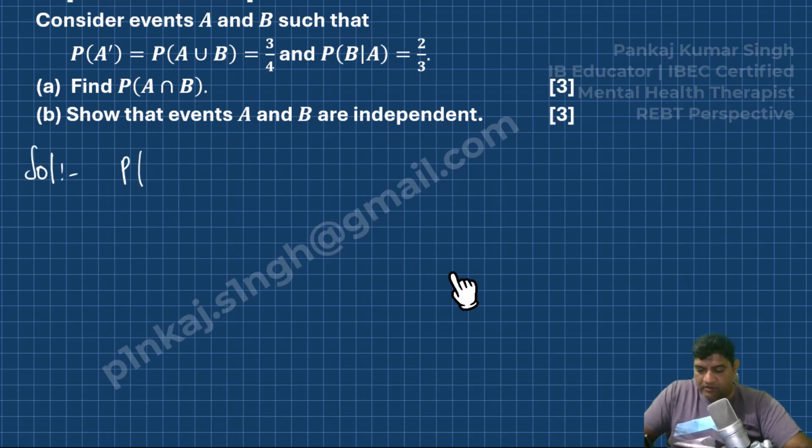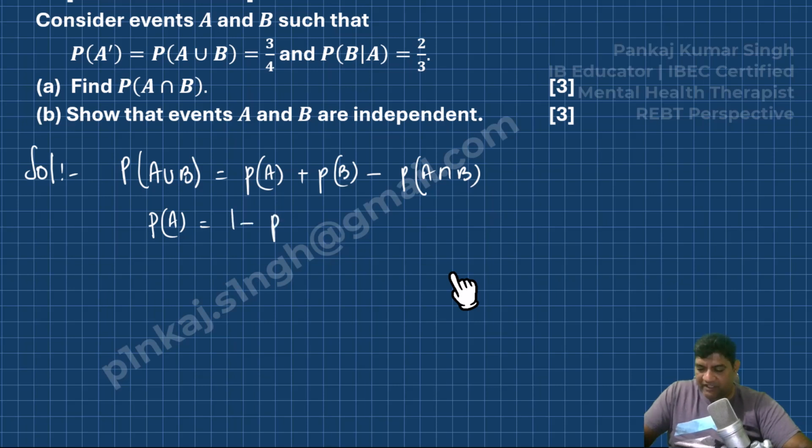So what we know is that the probability of A union B is equal to the probability of A plus the probability of B minus the probability of A intersection B. Now this is one piece of information that I have. And I also know that the probability of A is equal to 1 minus the probability of A complement. So from here, I can say the probability of A is simply equal to 1 by 4.